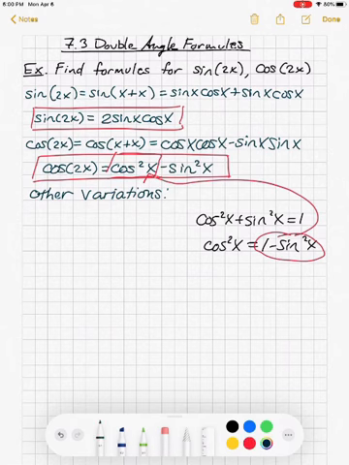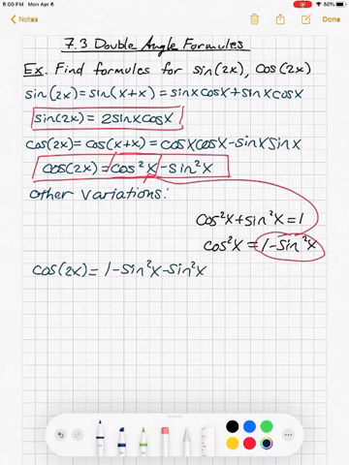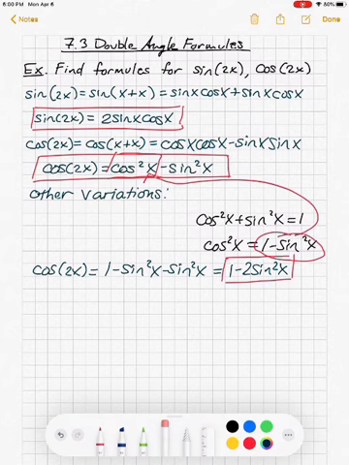Isn't that going to be then cosine of 2x is 1 minus sine squared x minus another sine squared x, 1 minus 2 sine squared of x? So there's another variation of that formula.